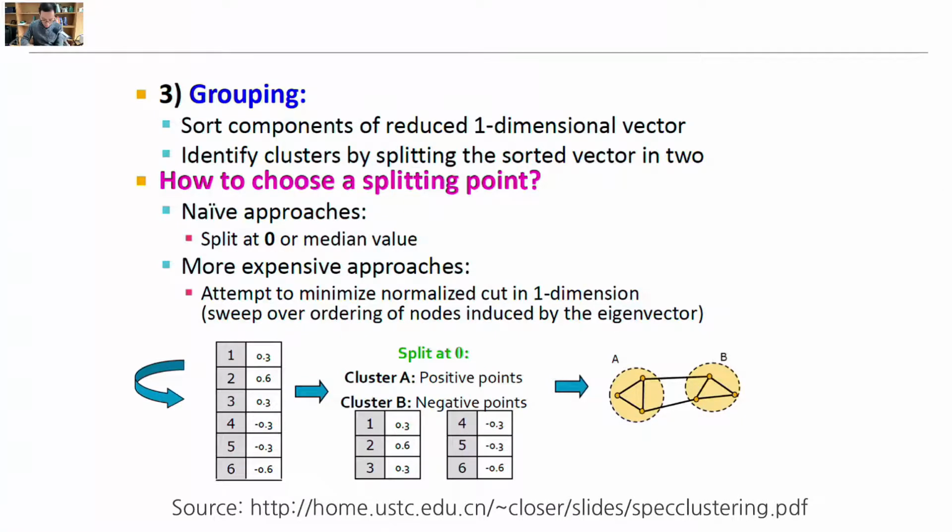So in practice, we can consider this sign, and in more expensive approaches, we attempt to minimize the normalized cut in the embedding dimension. We sweep over the ordering of nodes along the eigenvectors, and we find the optimal partitions.